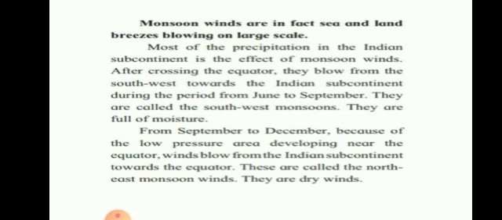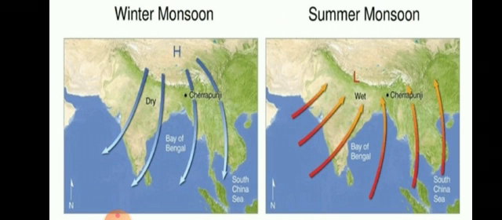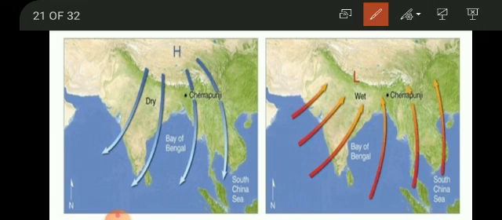After crossing the equator, they blow from southwest towards the Indian subcontinent. This is the direction southwest, this is south and west. They were blowing from this direction.